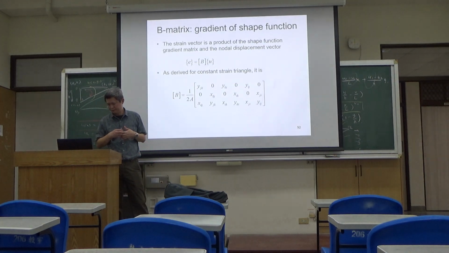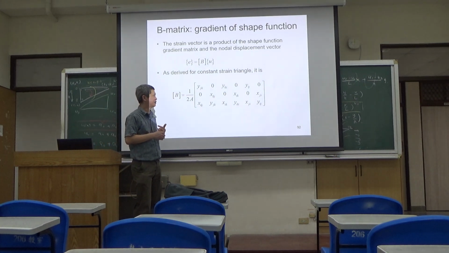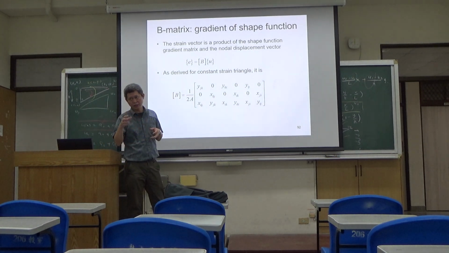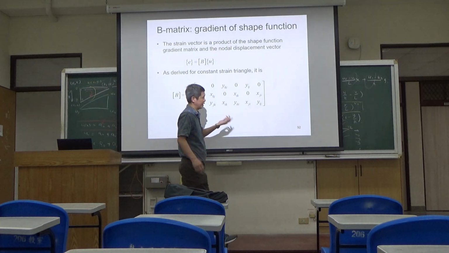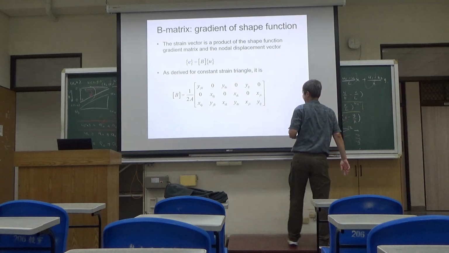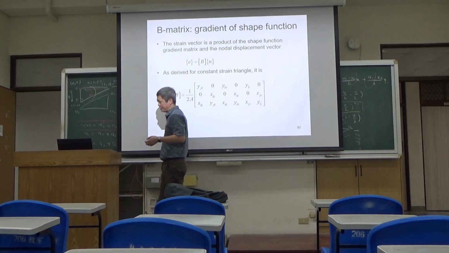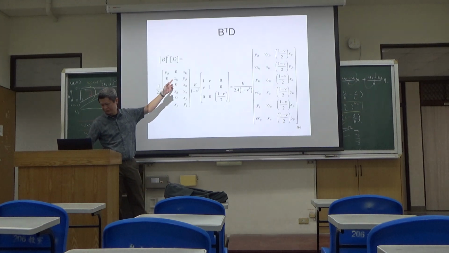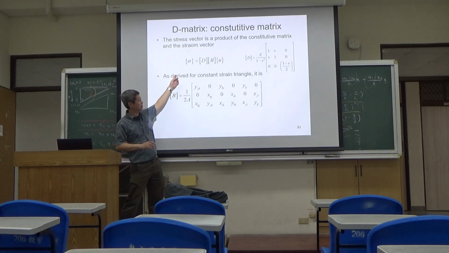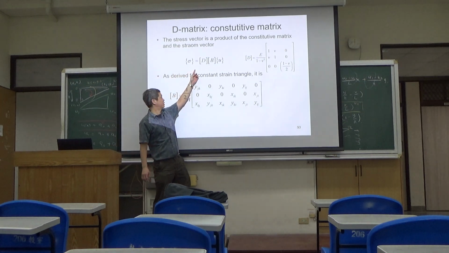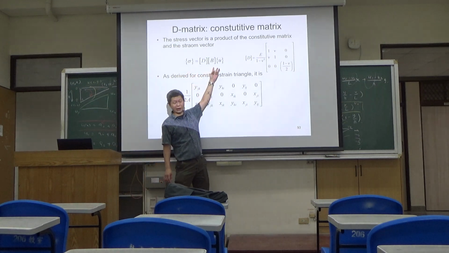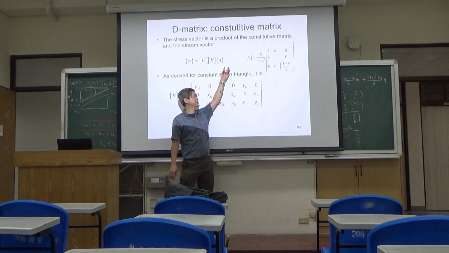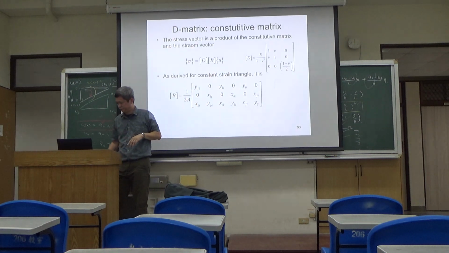And then finally, in the operation here, we wouldn't expect you to do full expressions because your K is going to be very complex. This is the B matrix that defines the relationship between strain and displacement. How about the stress? Stress is the constitutive matrix times strain. Strain is B matrix times displacement vector.